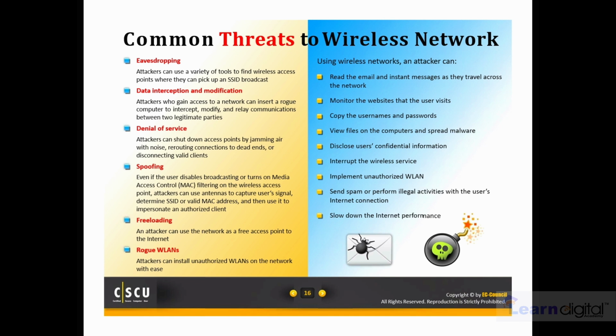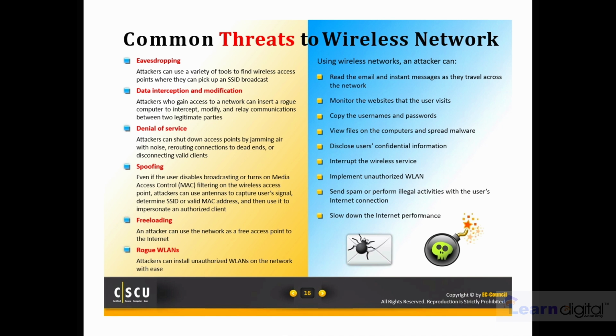So what can an attacker do in a wireless network? They can read email and instant messages as they travel across the network. Then they can monitor the websites that users visit. They can copy the username and password. They can view files on the computers and spread malware.